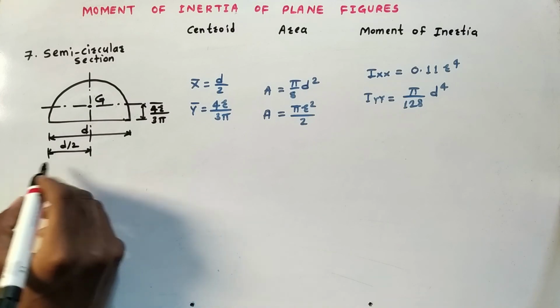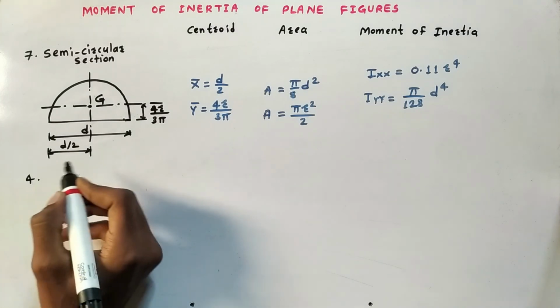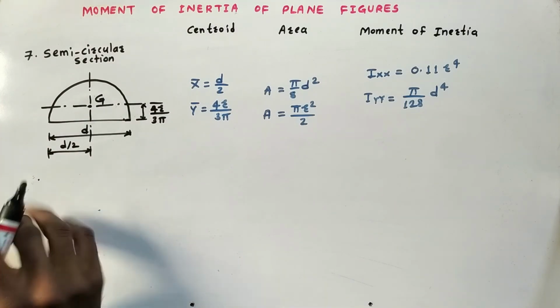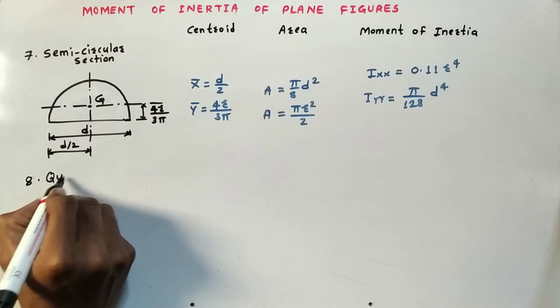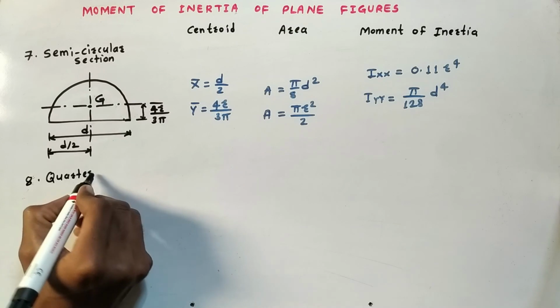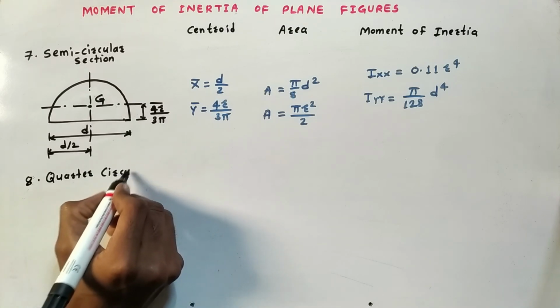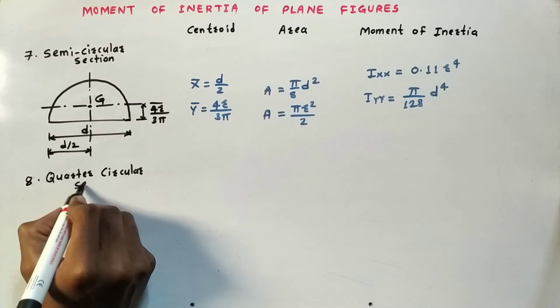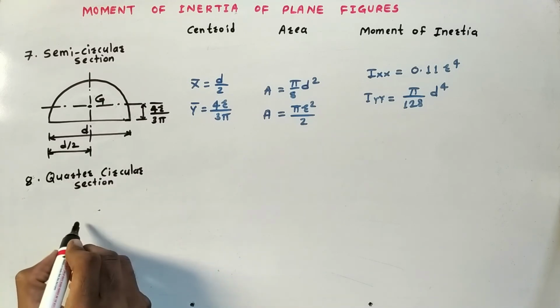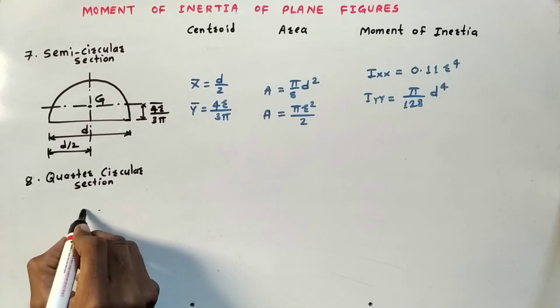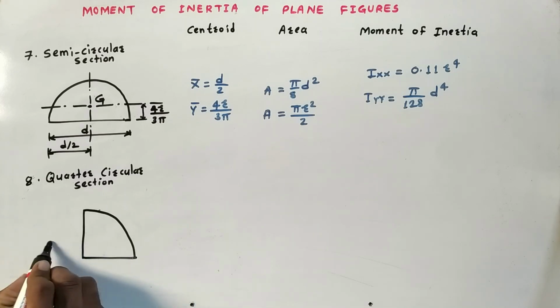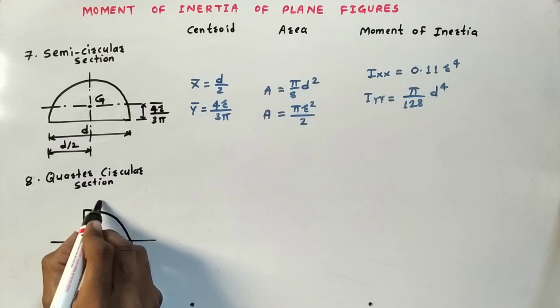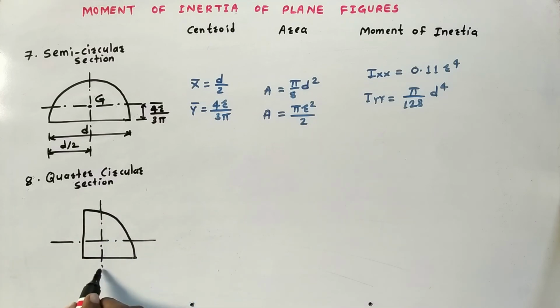And the last basic plane figure, that is the 8th section, is the quarter circular section. So draw a quarter circle here. So this is a quarter circle. Now these are the centroidal x and y axes.